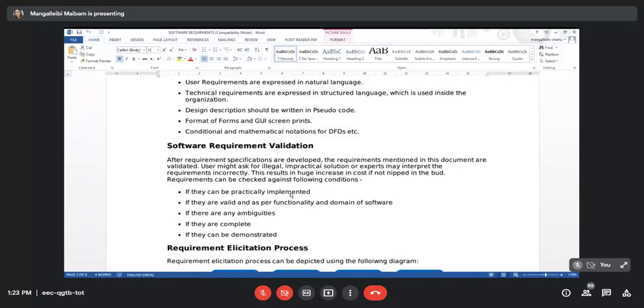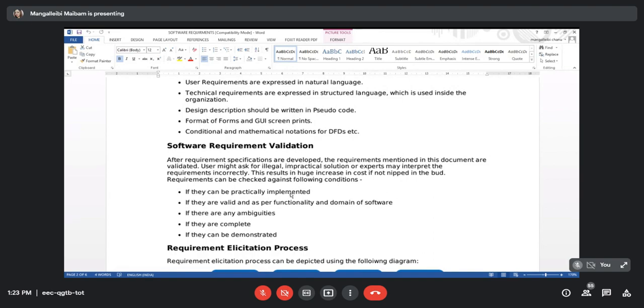And also we are going to check if there are any redundancies or any ambiguities, similarities. So repeated requirements or redundant requirements are not entertained. So we are going to check if they have any kind of software redundancy, requirement redundancies.